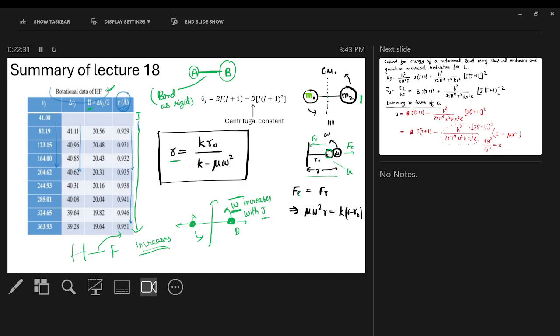So this R is the actual distance from the center of mass while rotating.